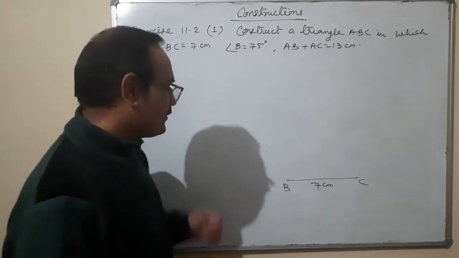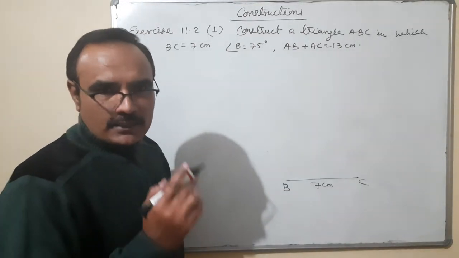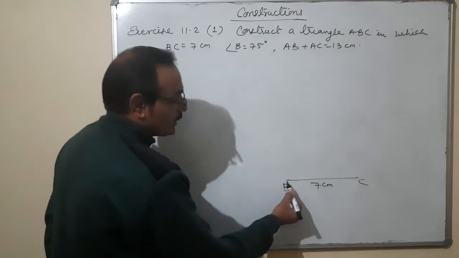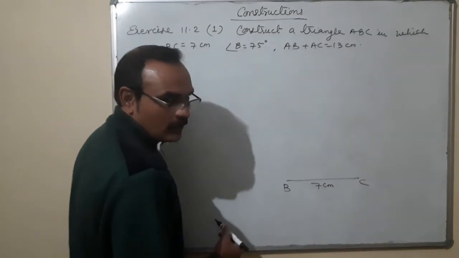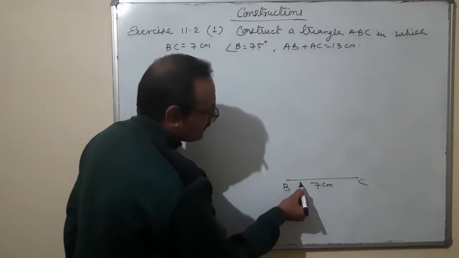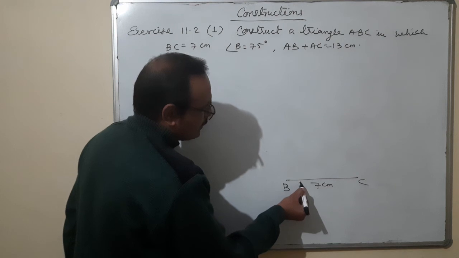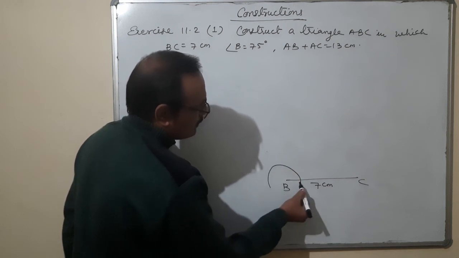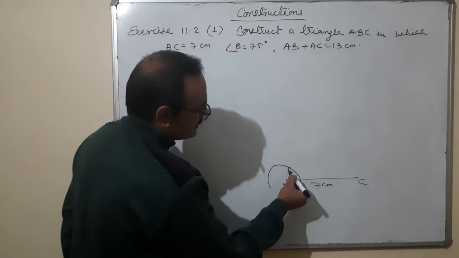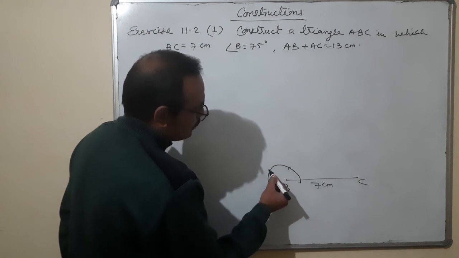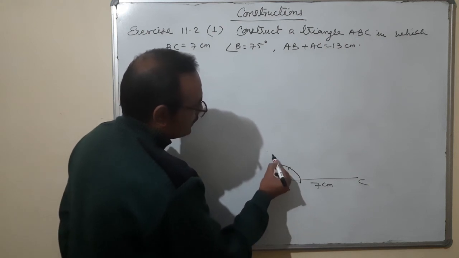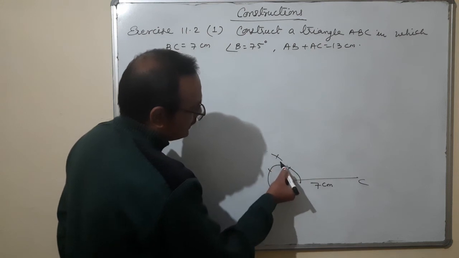How to draw angle B of 75 degrees? For drawing the 75 degree, first of all, we have to draw the 90 degree and 60 degree. For that, what should be done? Placing the needle point at B, draw an arc with a sufficient radius. After that, this distance is 60, this is 120, so between them is 90.